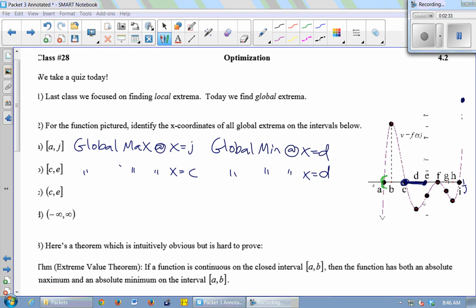Just to the right of C, okay? So what number is just to the right of C? Maybe 0.1 to the right? C plus 0.1? Smaller than that, C plus 0.01?